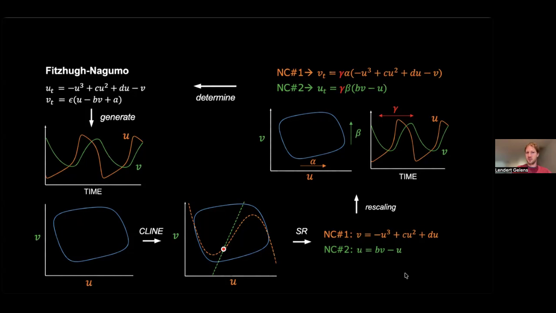Methods like SINDy and symbolic regression would have difficulties doing that from the time series alone, but doing it for the null clines is much easier. So the optimization problem is now more geometrical rather than dynamical. There are no timescale separation issues and no amplified noise from sparse regression on derivatives. Once we have the null clines, it's a much easier problem to get the final equations out.